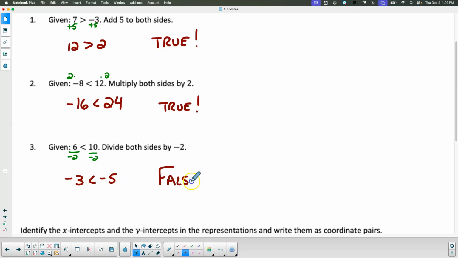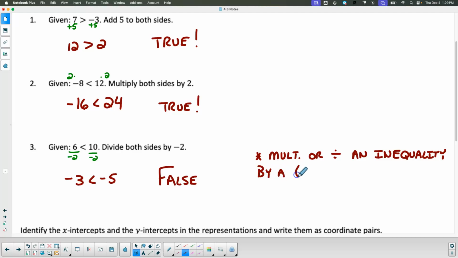And that is why whenever we multiply or divide an inequality by a negative number, the, how do I want to say it?